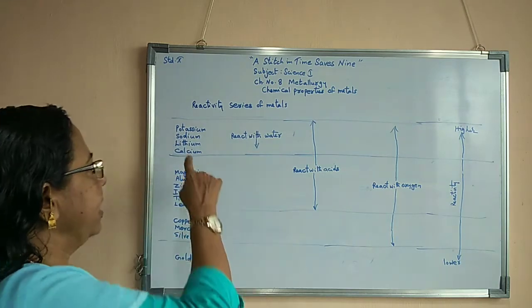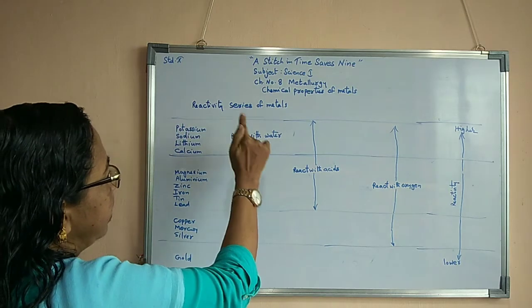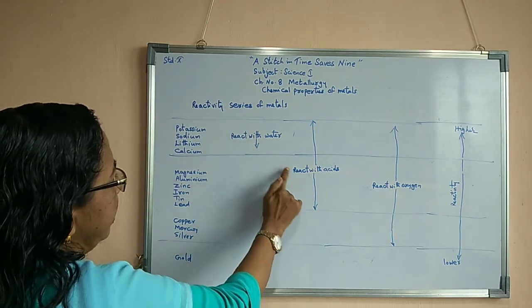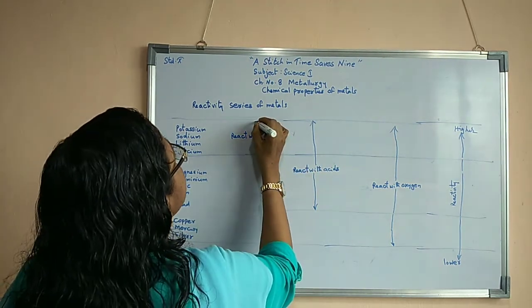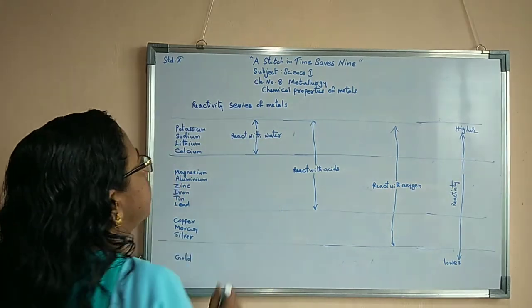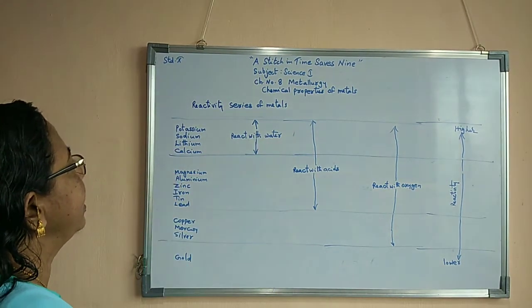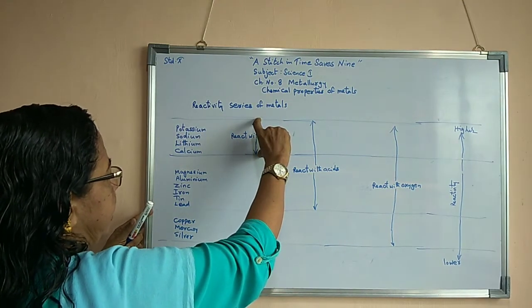So we can say that here, these elements are having the capacity to react with water, from here the arrow mark is shown. Here also I am showing the arrow mark. So here now we can say that these elements are having the capacity to react with water.